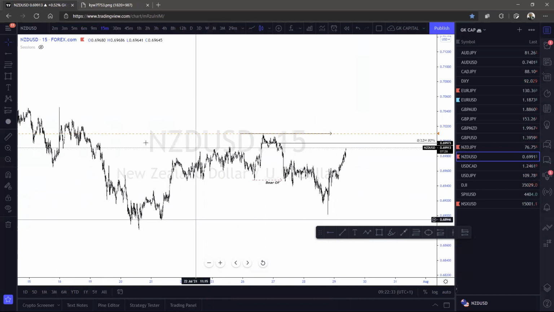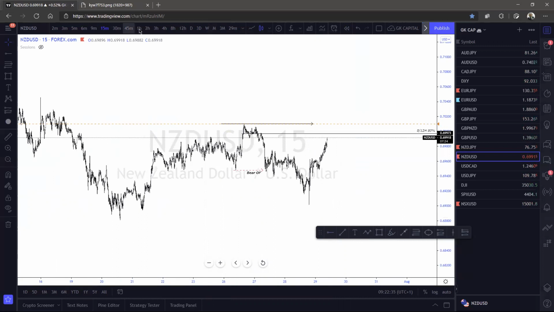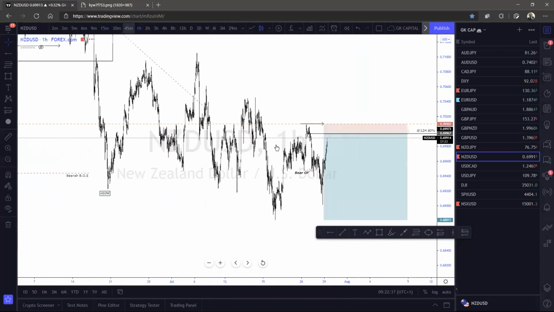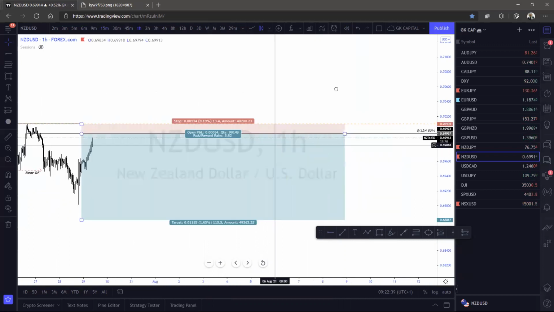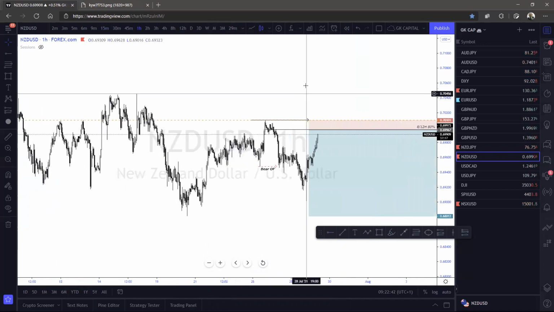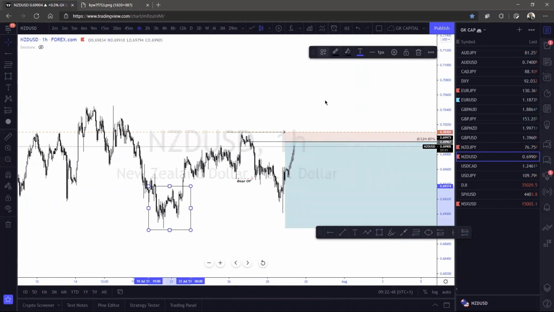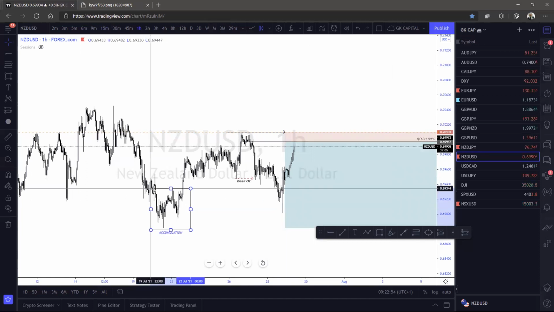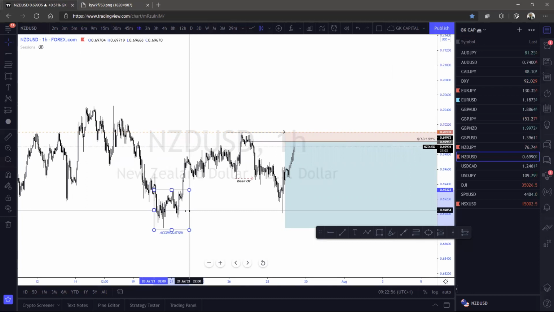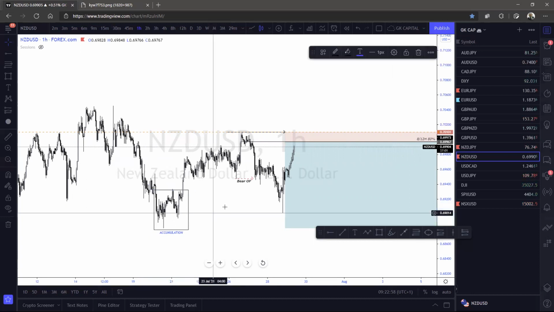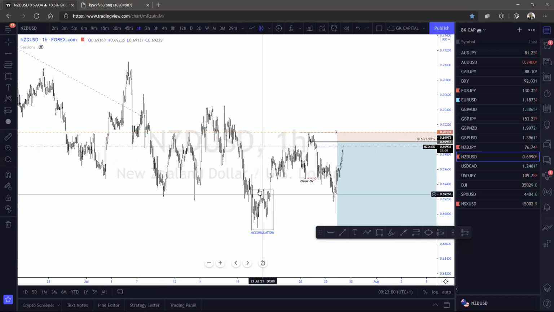Okay, we can see them, some sort of accumulation in here. And price tapped in yesterday to mitigate. Okay, but again, we will need to get supply taken first.